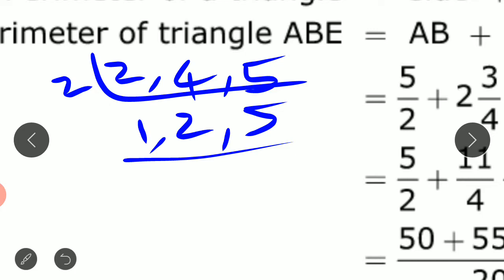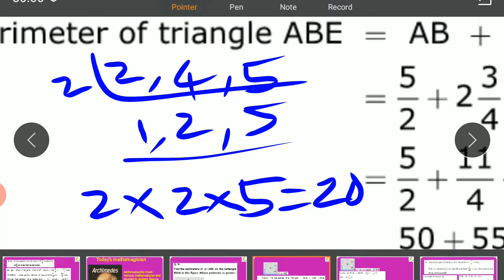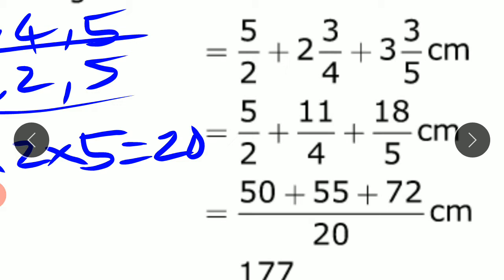You can leave the 1, and the remaining factors 2 and 5 are both prime numbers, each appearing once only. So let's stop here and multiply the prime numbers: 2 into 2 into 5, 2 2s are 4, 4 5s are 20. So the LCM of the denominators 2, 4 and 5 is 20.